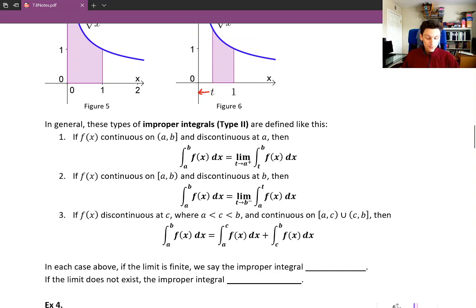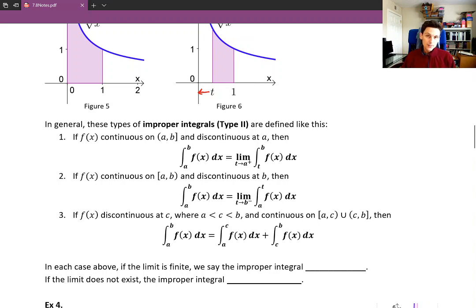And then if your function is discontinuous at c, where c is just some x value inside of your interval from a to b, then you can evaluate that integral by splitting your integral up into two separate integrals. One that goes from a to c, and then one that goes from c to b, and then add those two improper integrals up.